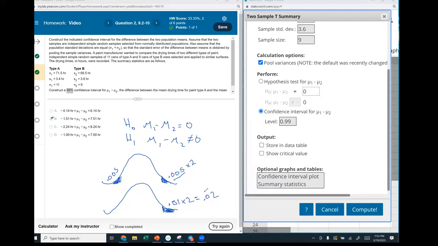But I wanted to say, for one tail, our confidence level would be 2 alpha. And if I have a two-tail, our confidence level is equal to alpha, because I would have had to divide it by 2, but now I'm dividing by 2 and multiplying by 2, so I get the same thing. Okay?